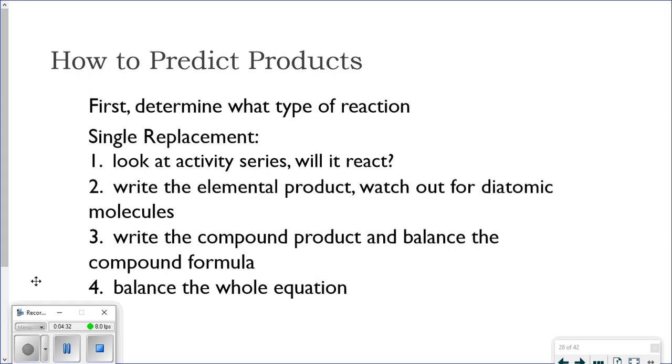If it is higher, and it will switch places, you're actually going to switch them. And whenever you pull out an element by itself, if it's with the halogens and they're switching places, make sure to look out for those diatomic molecules. Whenever you're writing the product, make sure to crisscross and balance your formulas and then balance the overall equation.